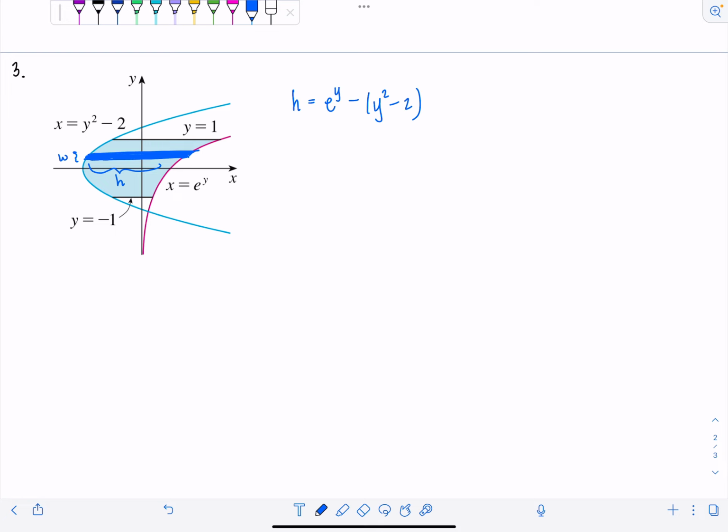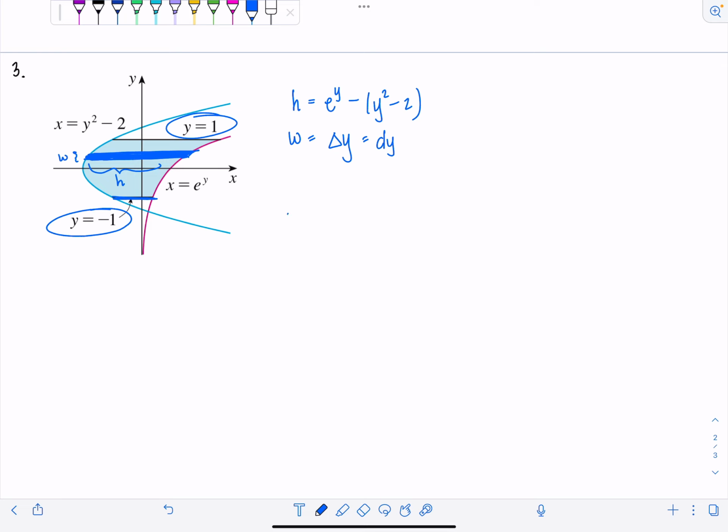That's the height. And then the width is delta y, which becomes dy in our integral. And then what should the limits of integration be? Well, they're already kind of helping me out. We're bounding it by y equals -1, and then above y equals +1.